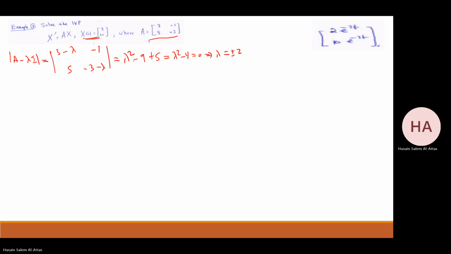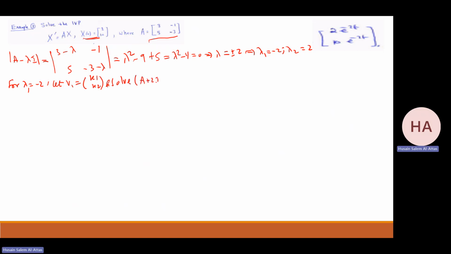Now we'll work out lambda equals minus 2. Call it lambda 1, and lambda 2 we call 2. Usually I like to start with the negative one, the smallest one. So lambda 1 equals minus 2. I let V1 be K1, K2, and solve this.